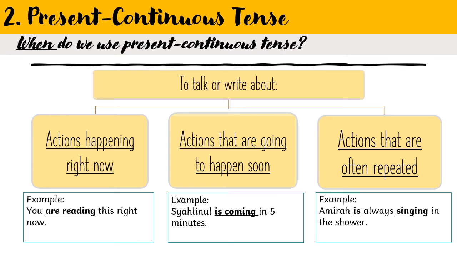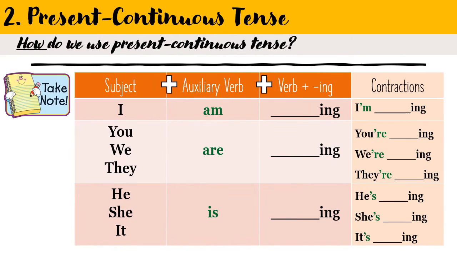Next, how do we use it? Okay, these are the rules on how to use present continuous tense, and it's very easy. So for subject I, you just use am and then you end it with the verb ing. Okay, so this is how it is.